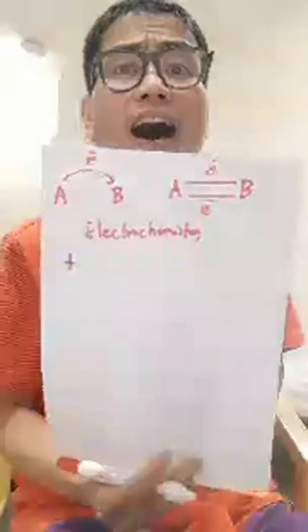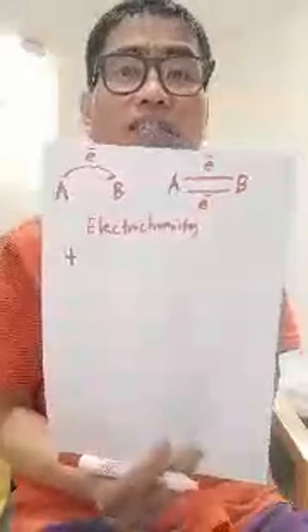If the substance or element has a positive charge, the more electrons it has. It's the reverse, right? The more negatively charged it is, the fewer electrons it has.